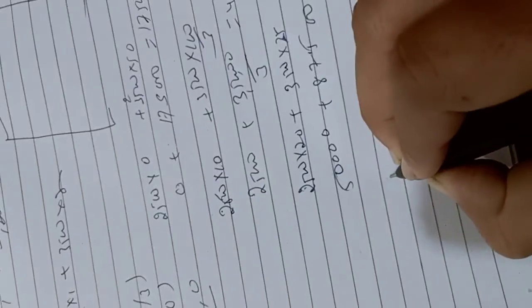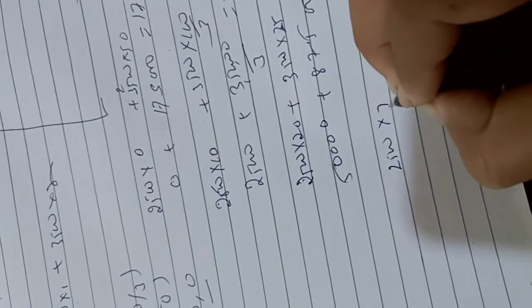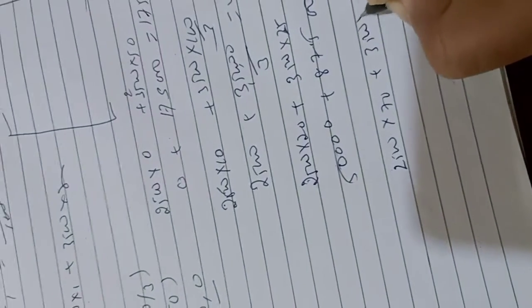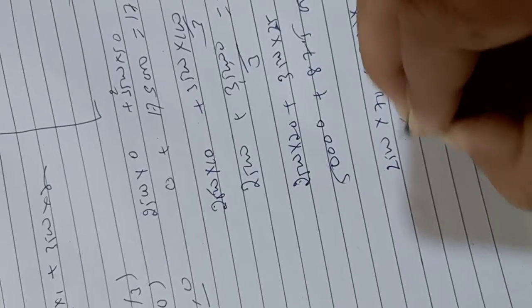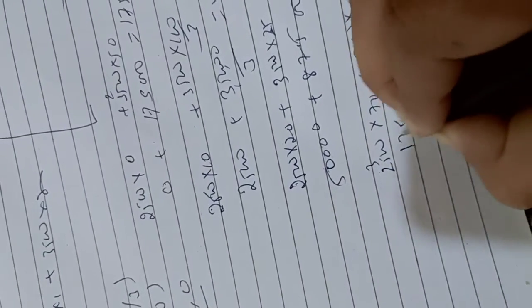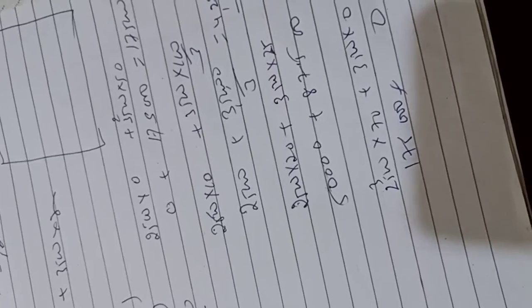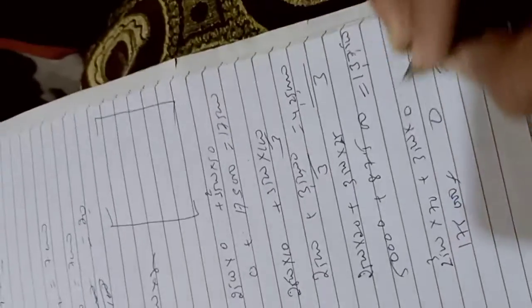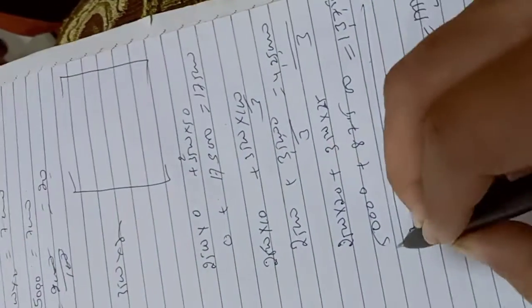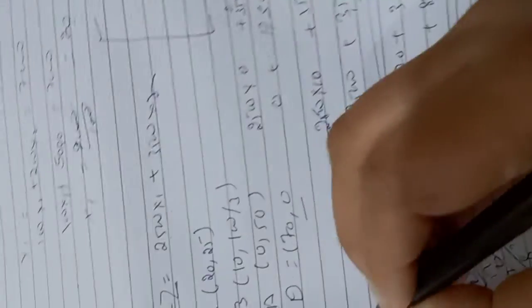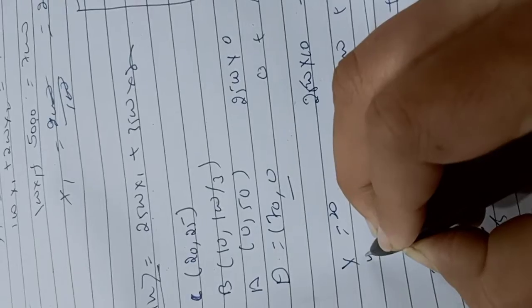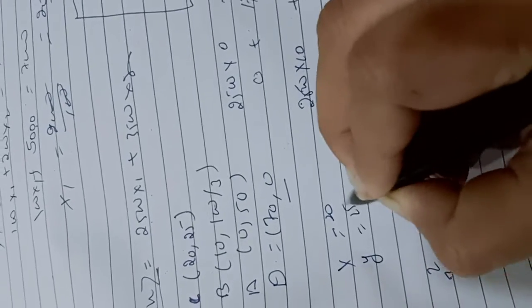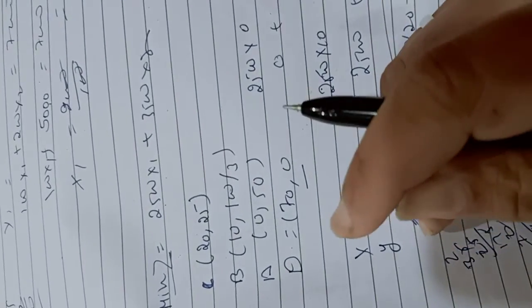Now we will put the last value, 2500 into 70 plus 3500 into 0, that is 1,75,000. So the minimization cost is 1,37,500, which is derived with x1 at 20 and x2 at 25. So that is the point of equilibrium.